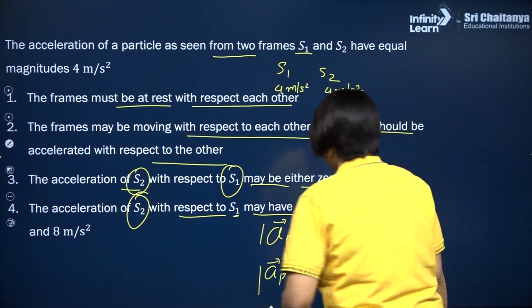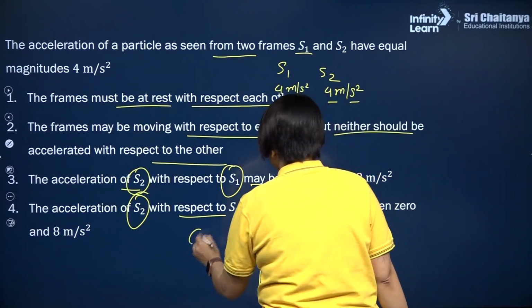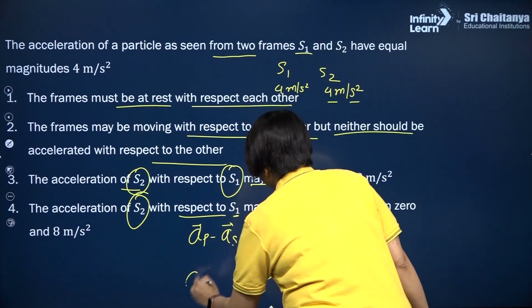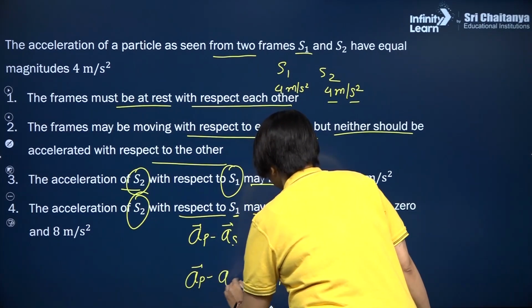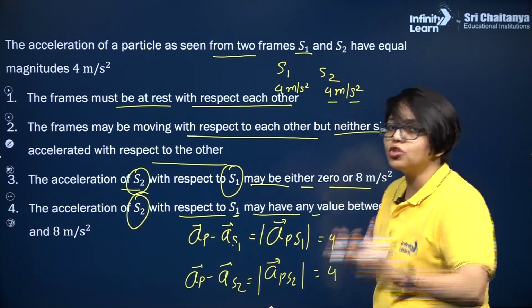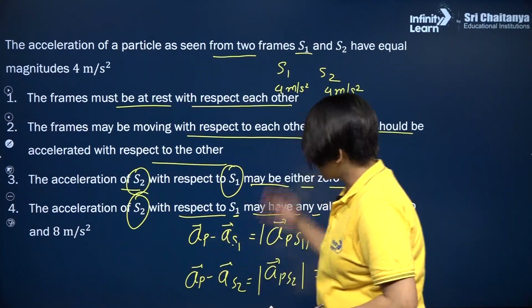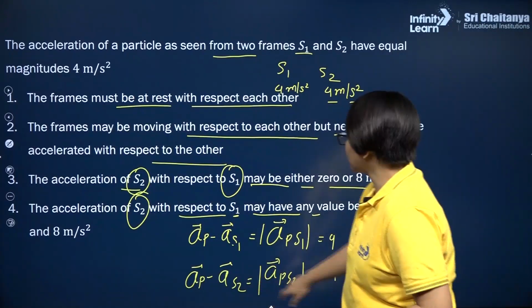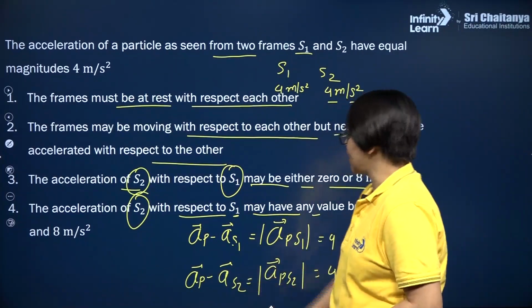Now, if you want to write it, this is acceleration of particle minus acceleration of S1 and this is acceleration of particle minus acceleration of S2. Okay, acceleration of the particle with respect to S1 is AP minus AS1 and acceleration of the particle with respect to S2 is AP minus AS2.